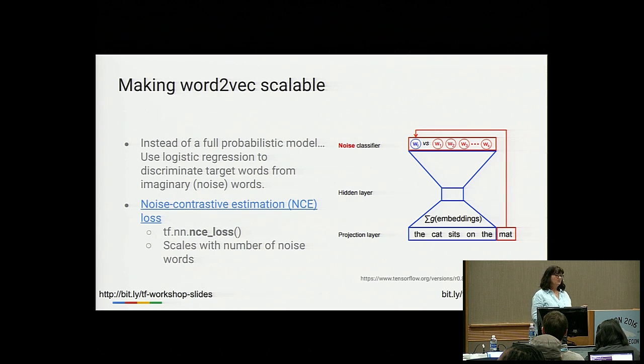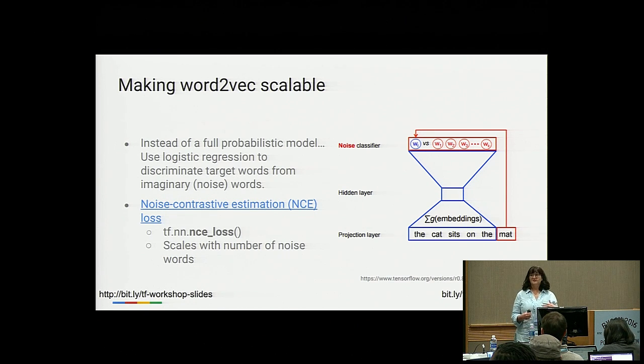So instead, we're essentially going to use logistic regression, this is a neat little trick, to discriminate target words from randomly selected noise words, and that's going to be a lot cheaper, and that actually gives us pretty good results.